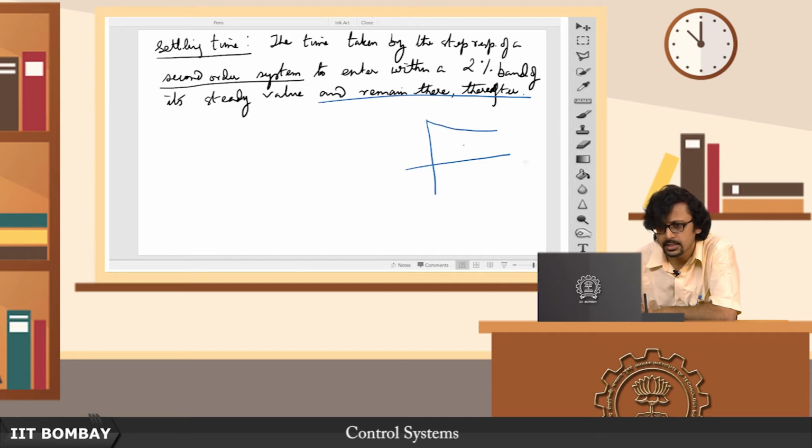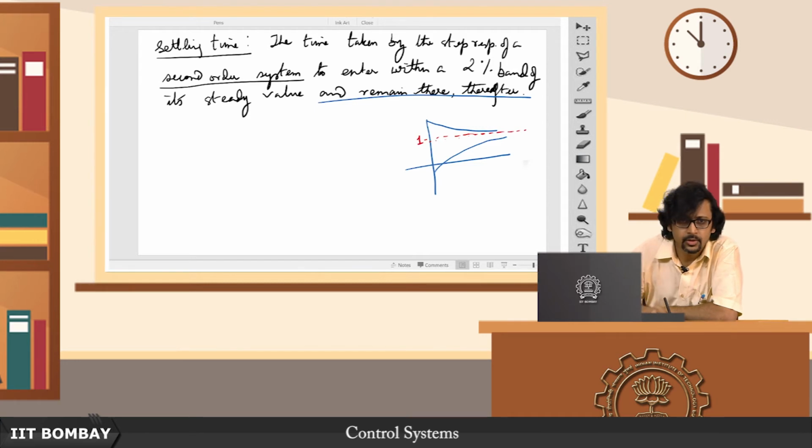So suppose this is the upper envelope, this is the lower envelope, and let us say this is the steady value here. It should be symmetric, my drawing is not very good. So for example, suppose at this point this is 1.02 and at this same point it is 0.98.